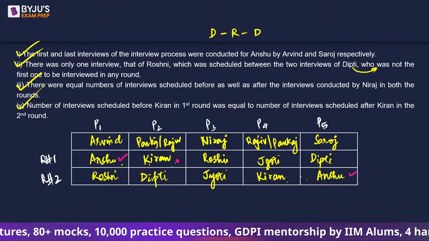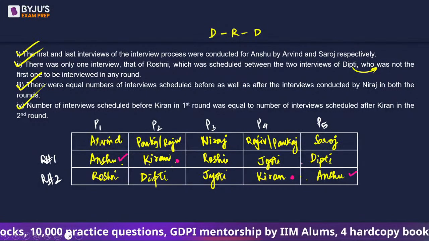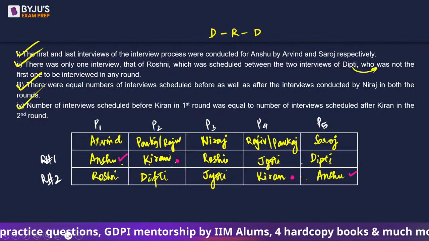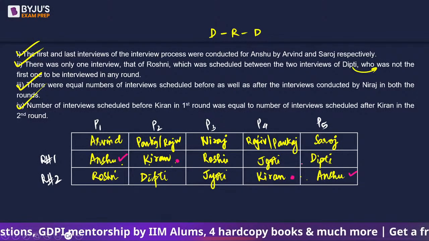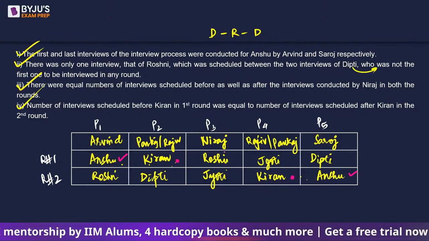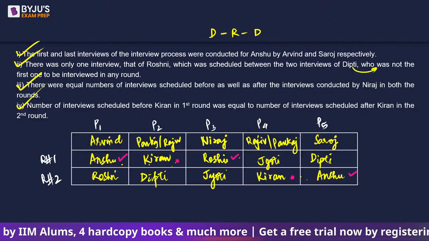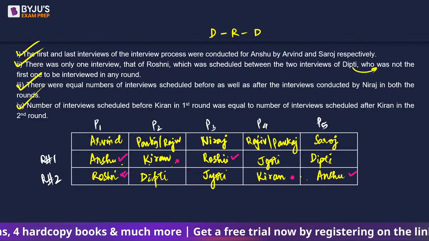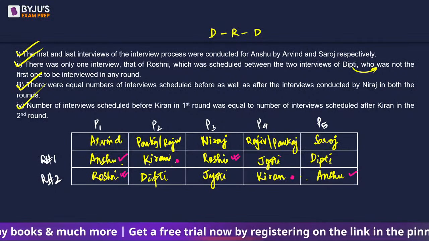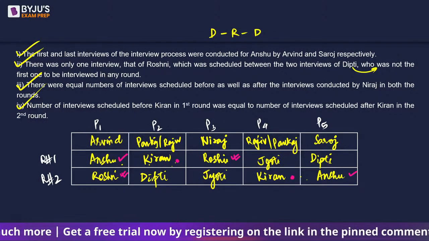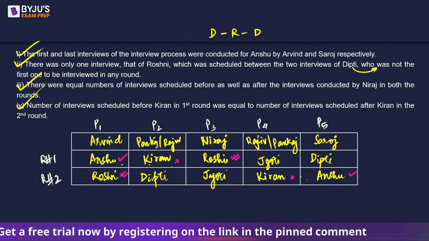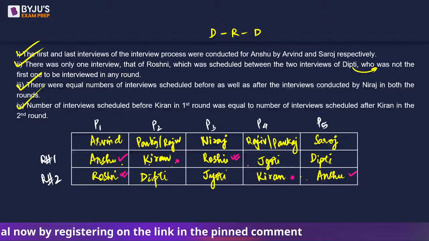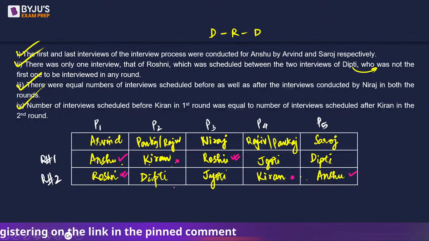Kiran ka we know it is Pankaj and Rajiv only, but which round, which was the panelist? Who was the panelist? We don't know that. Roshni we know. Jyoti we are not sure क्योंकि ज्योति का एक round का पता है, second round we are confused. Dipti again we know for one round, we don't know for the second one.